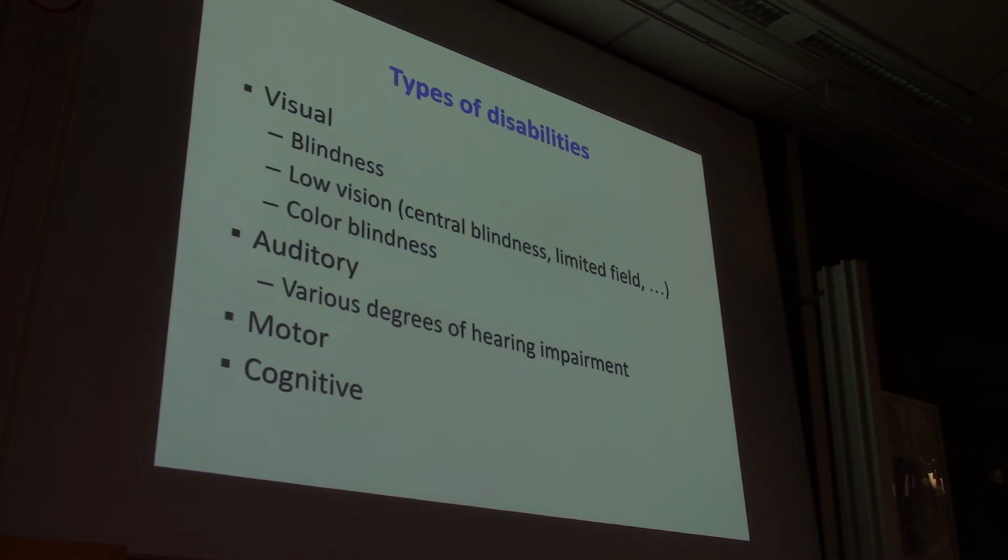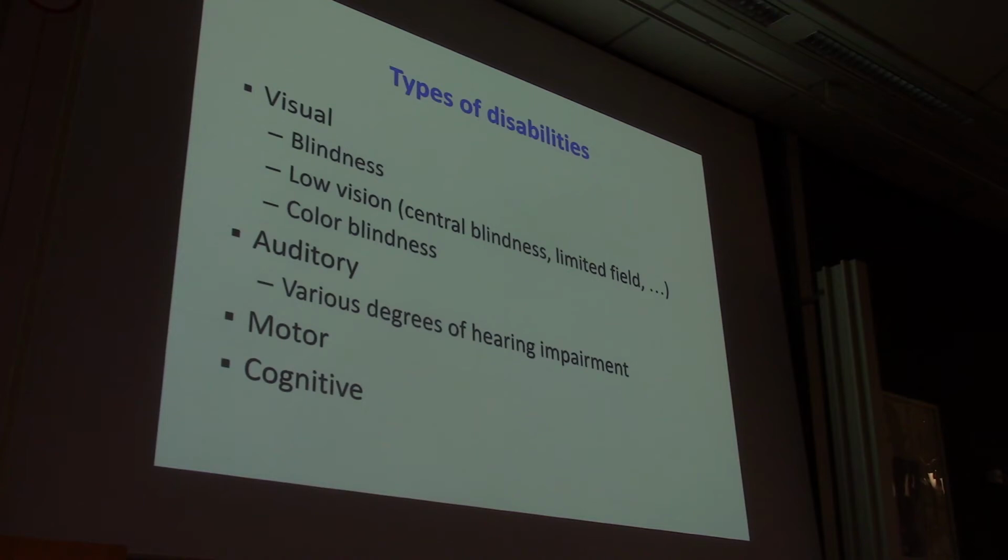The Superman example with Christopher Reeve was a typical example of people that have motor impairments. So they have some disability where they cannot as easily use the mouse or the keyboard as other people. And also there are a lot of variants of this.